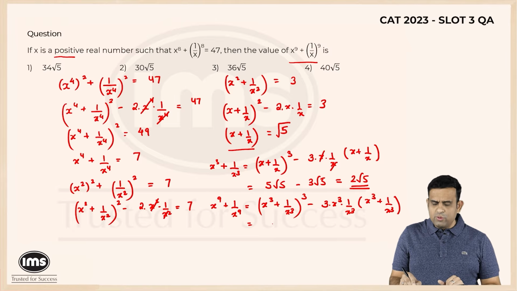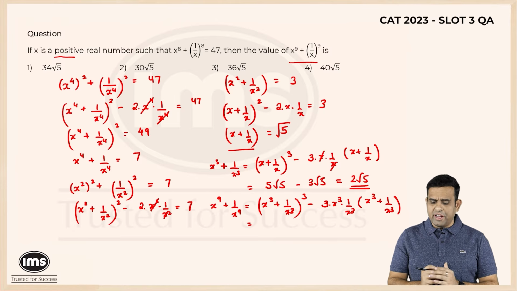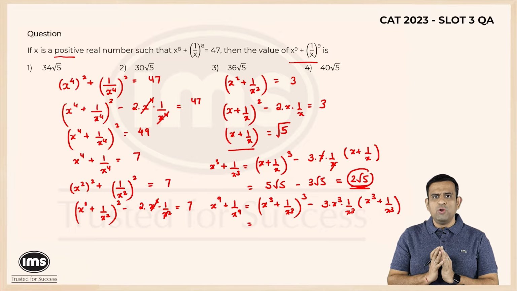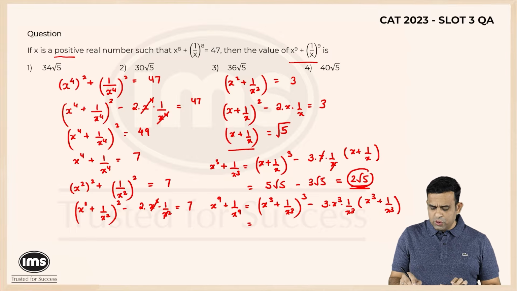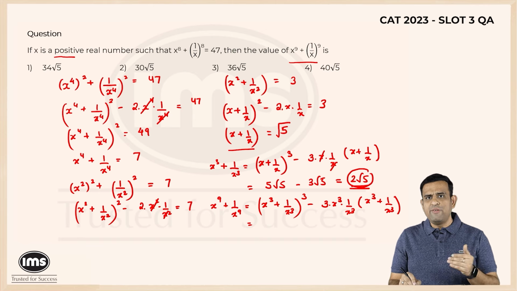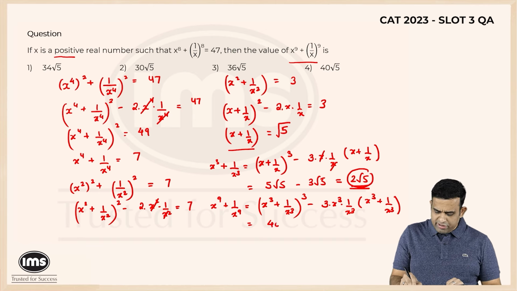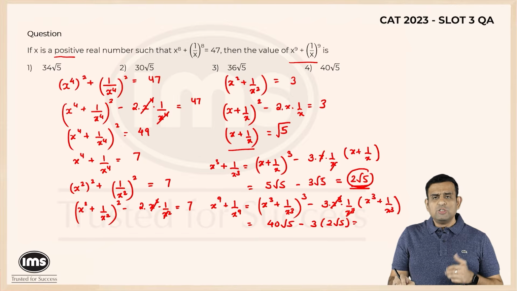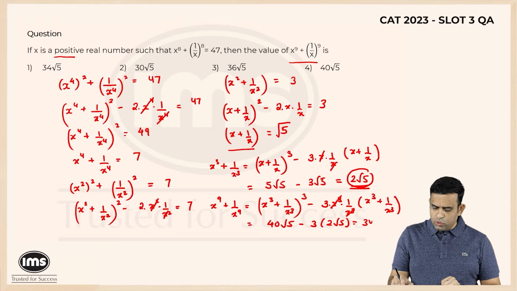And if I put the values, the term x³ + 1/x³ is known to me as 2 root 5. So (2 root 5)³ basically will become equal to, one can say, 8 into 5 root 5, giving you 40 root 5. Minus, this part will get cancelled out. 3 into 2 root 5 will give you 6 root 5. So 40 root 5 minus 6 root 5 gives you nothing but 34 root 5.